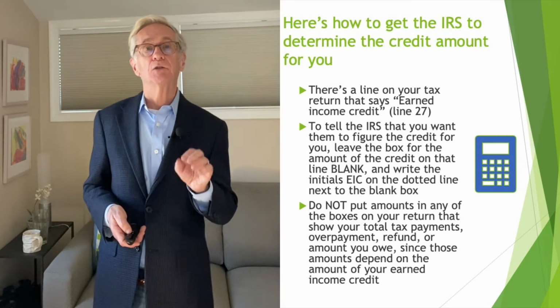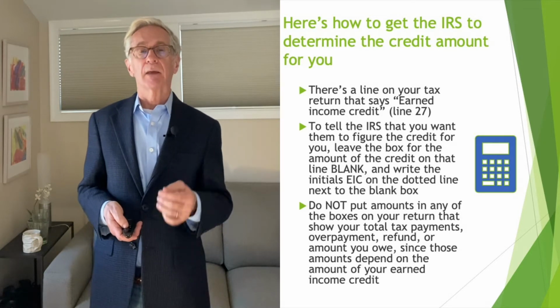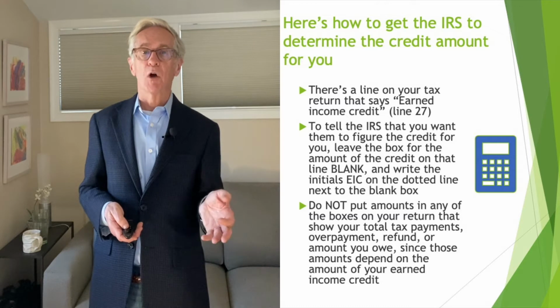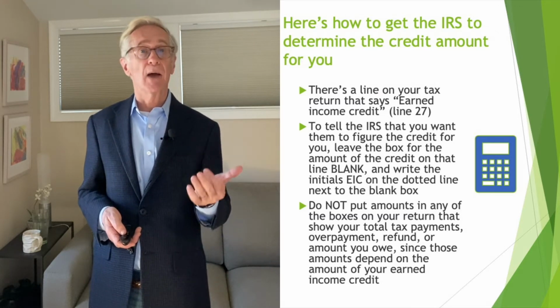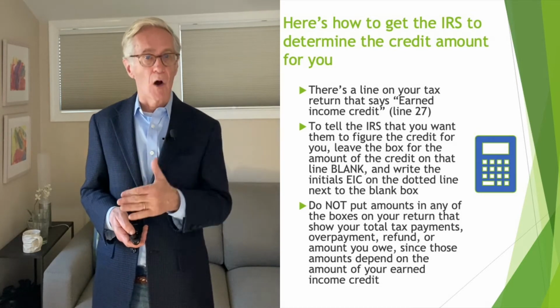They then don't want you to put amounts in any of the boxes on your return that show things like your total tax payments, overpayment, refund, or amounts you owe, because those amounts all depend on the amount of your earned income credit. So they don't want you filling in those boxes either. They want you to leave all those blank.